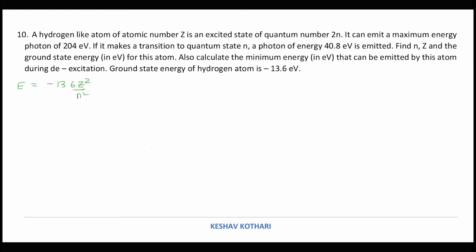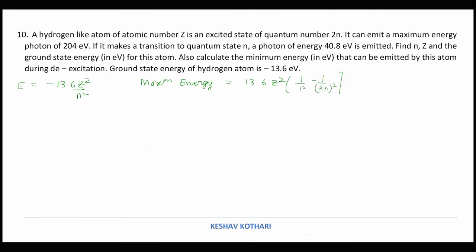So over here the question is saying that the transition is taking place from the 2n orbit to the first orbit. So the maximum energy can be written as 13.6 Z square times 1 by 1 square minus 1 by 2n square.